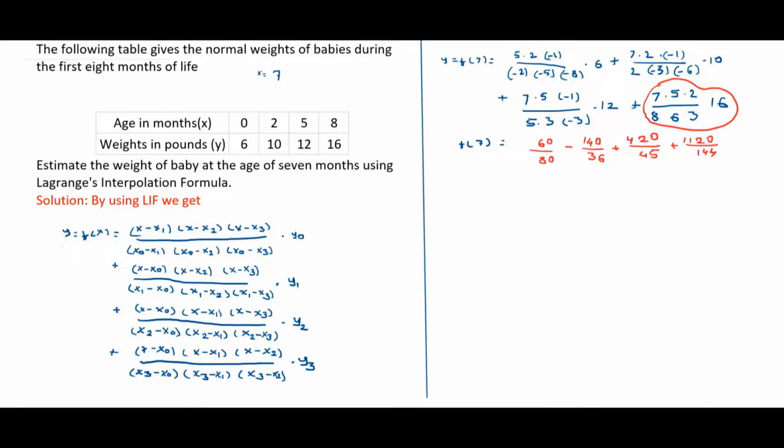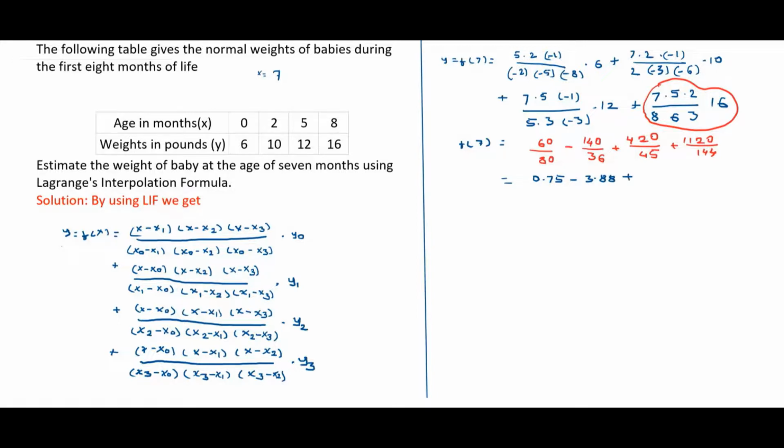And if you simplify all these values, 60 divided by 80 is equal to 0.75. Minus 140 divided by 36 is 3.88.